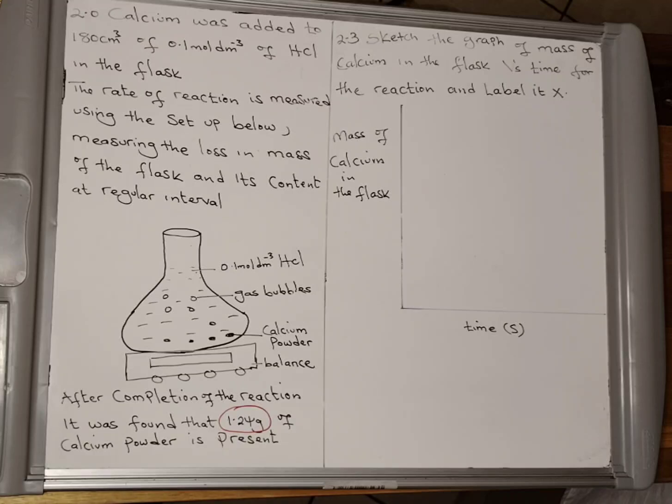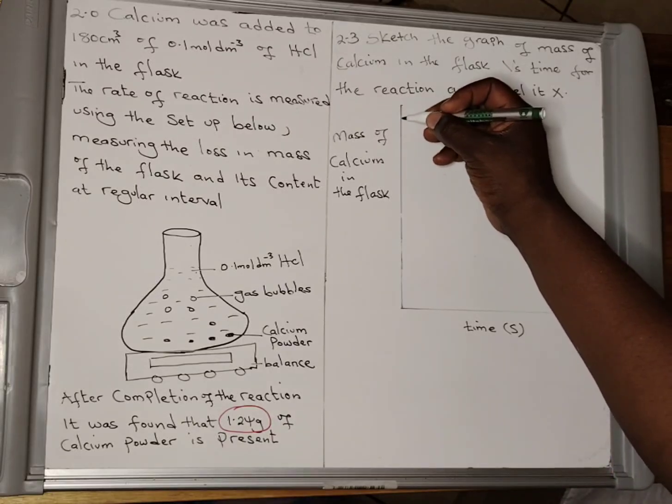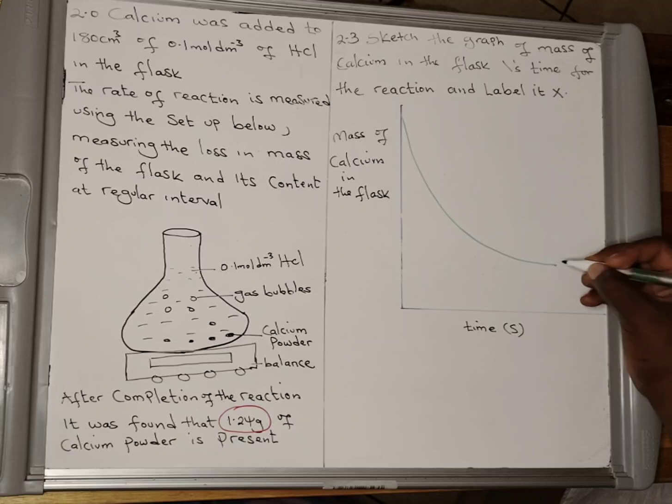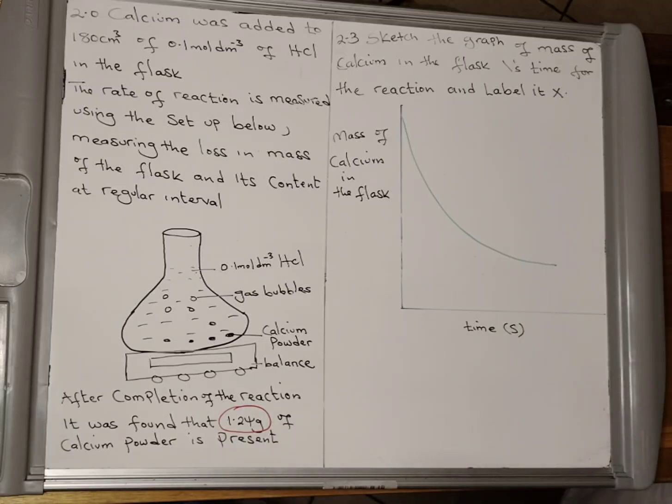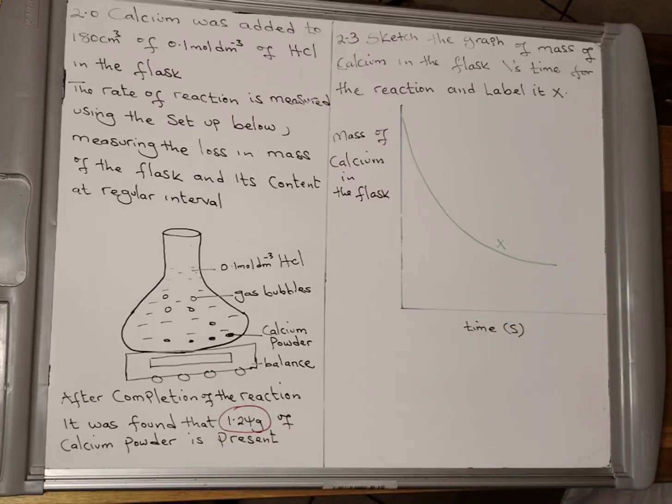You have to know that calcium is a reactant and the reaction is taking place. So what happens to its amount as time passes? As it reacts, its amount in the flask decreases. So in this case, we are going to have our graph as that. It decreases as time passes. And they said we label this graph X.